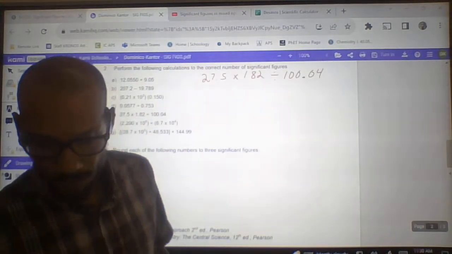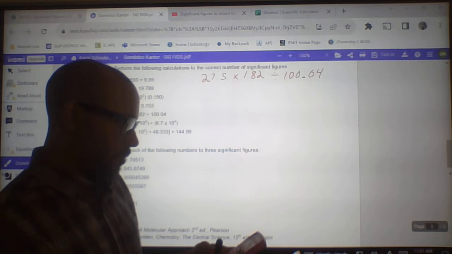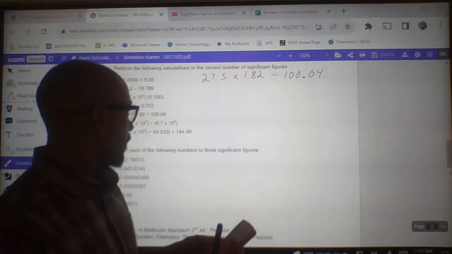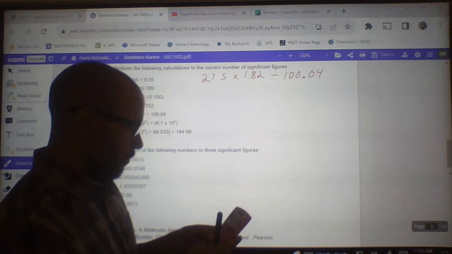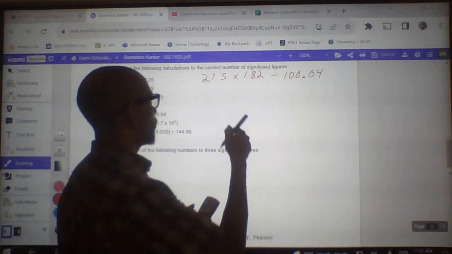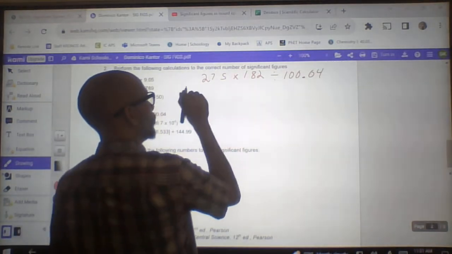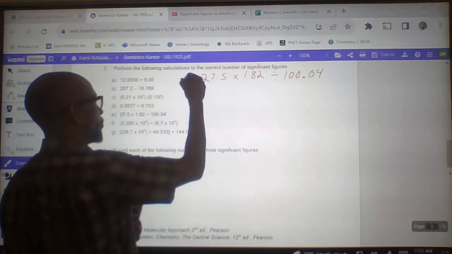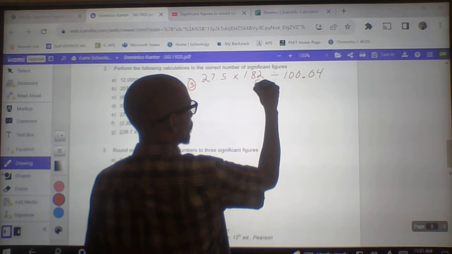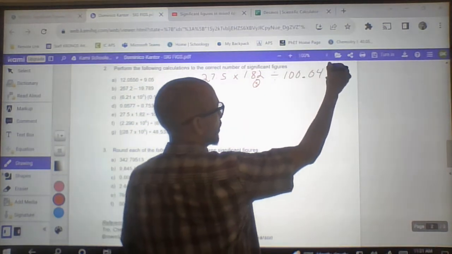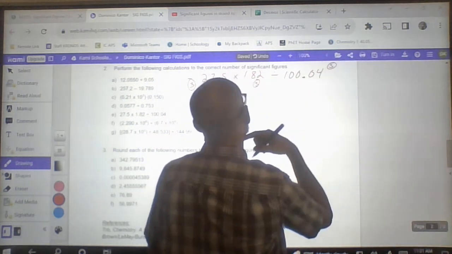We're going to take this number here, and initially we're not going to round. Then I am going to note the number of significant figures, although we're not going to use them yet. So this is 3, this one is 3, and that's 5.